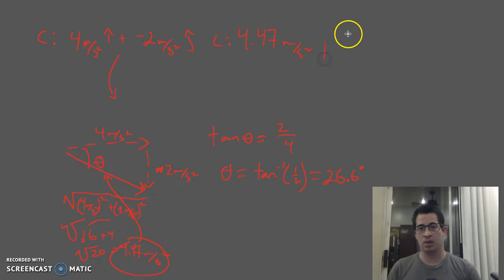So that's going to be 26.6 degrees, and this is to the south of east. And notice that whenever I draw these, I start with the horizontal one first, and then the vertical one, and so we're always measuring away from east or away from west.